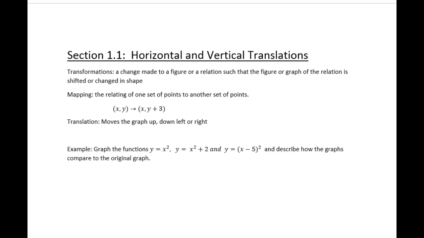All we're talking about is, when we say horizontal and vertical translations, horizontal translations just means you're moving left or right. Vertical is up or down.